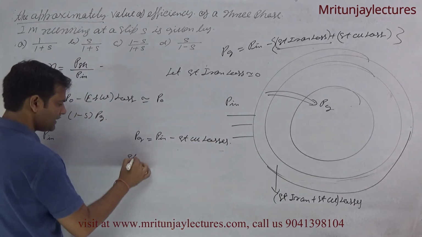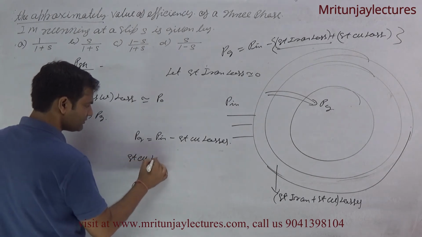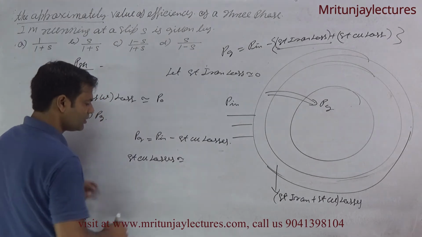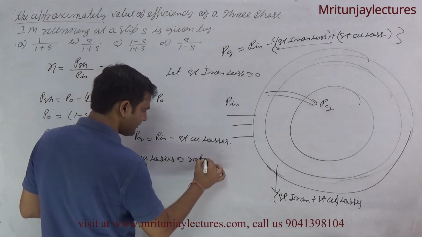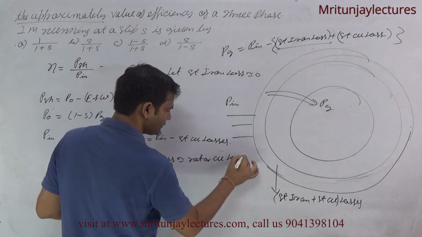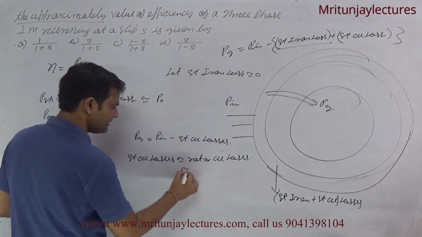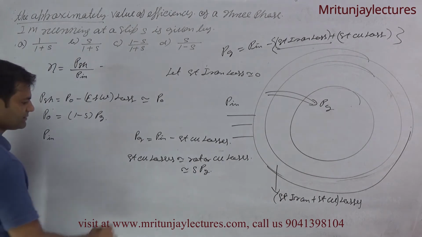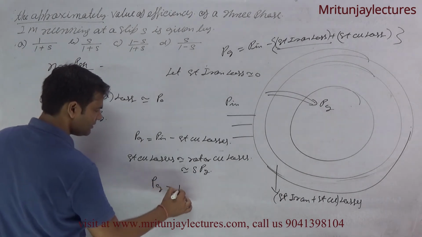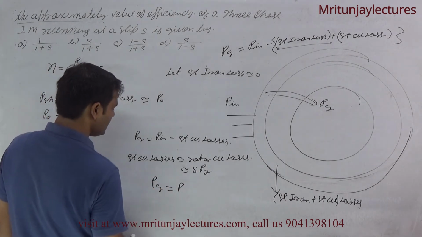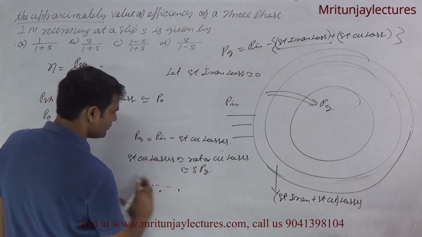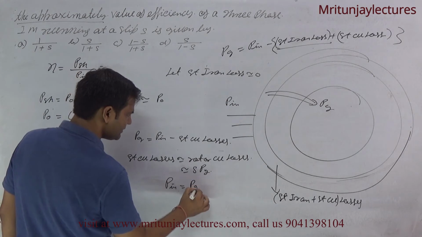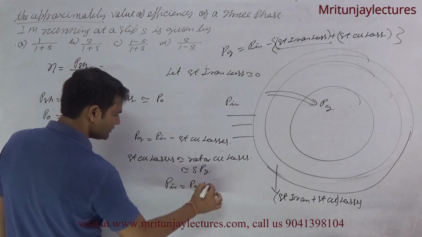Practically, stator copper loss is approximately equal to rotor copper loss. Rotor copper loss is written as S into PG, which means P input is written as PG plus S into PG.